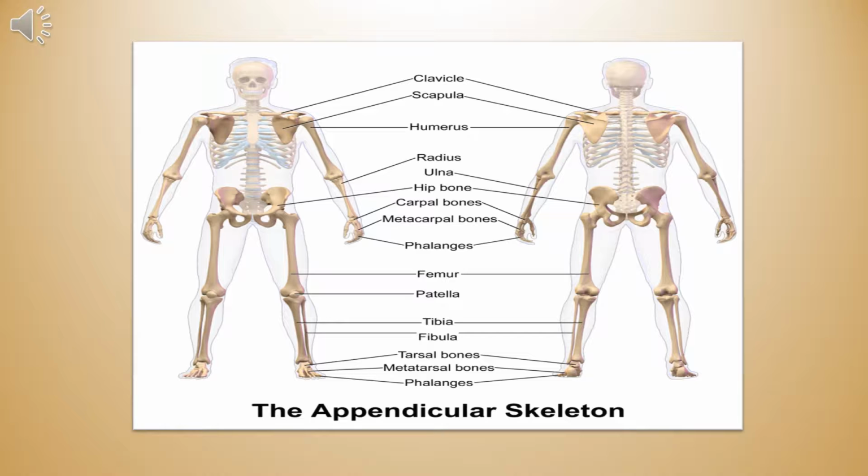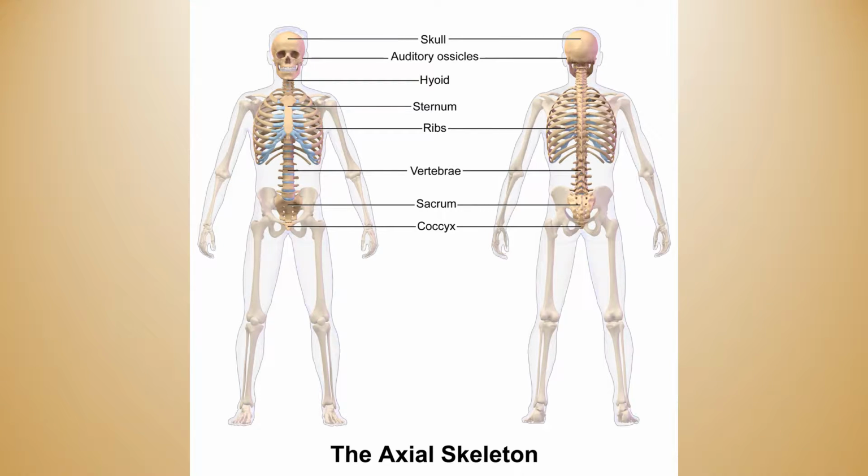The appendicular skeleton consists of the clavicle, the scapula, the humerus, the radius, ulna, hip bone, carpal bones, metacarpal bones, phalanges, femur, patella, tibia, fibula, tarsal bones, metatarsal bones, and phalanges. The axial skeleton consists of the skull, auditory ossicles, the hyoid, sternum, ribs, vertebrae, sacrum, and coccyx.